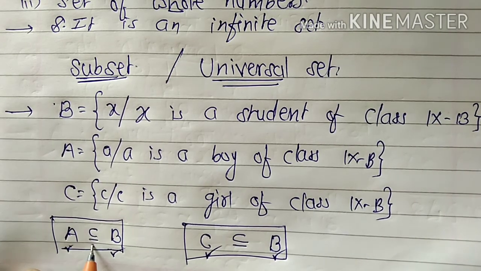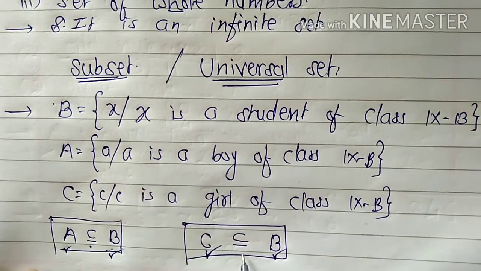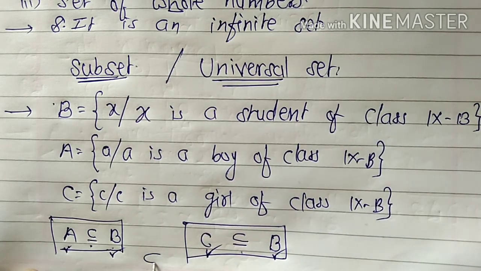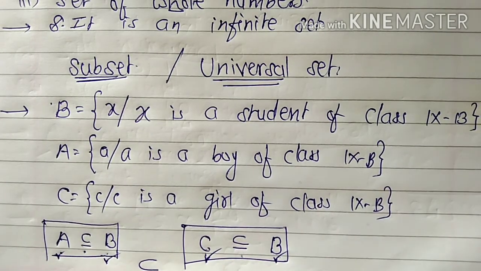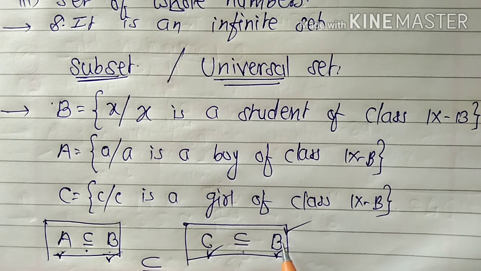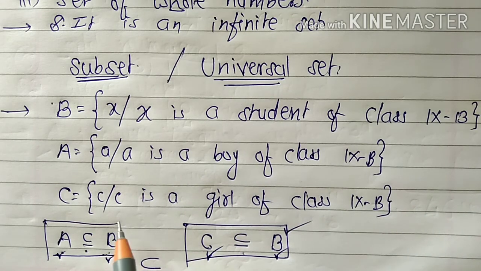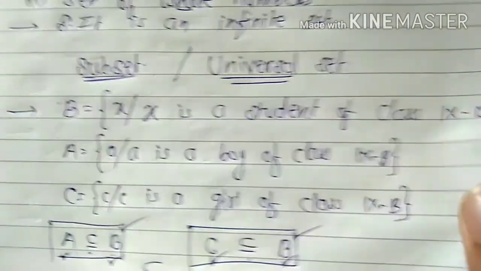A is a subset of set B. C is a subset of set B. We write subset in this form, and a line is there. Okay, C is a subset of B. Now vice versa, we can say that set B is the universal set of set C. Set B is the universal set of set A. Okay.